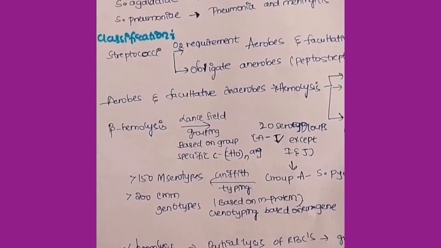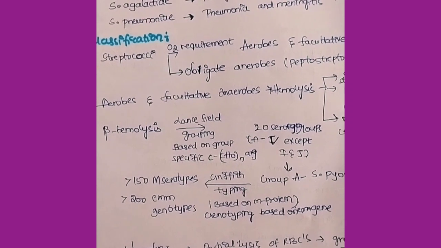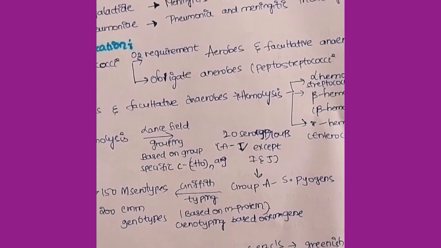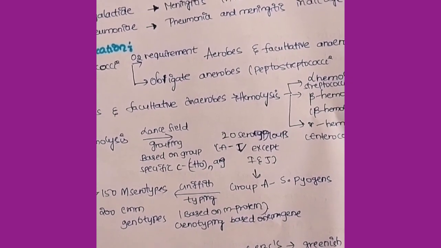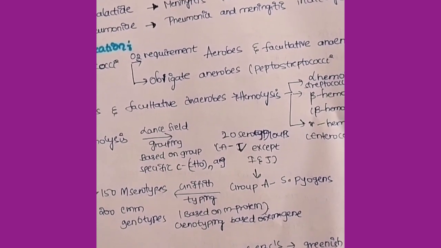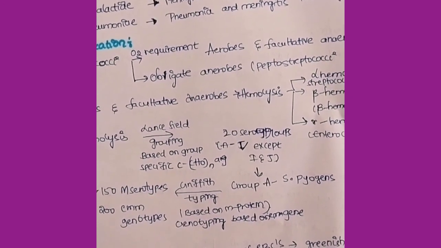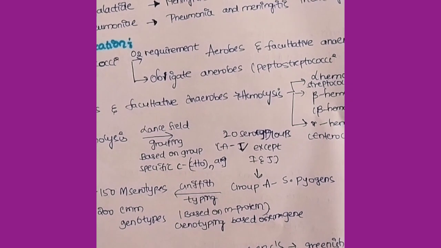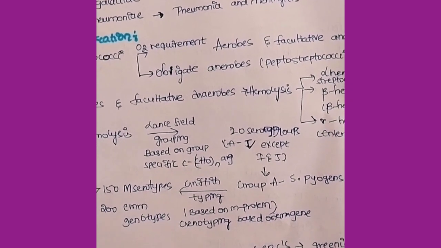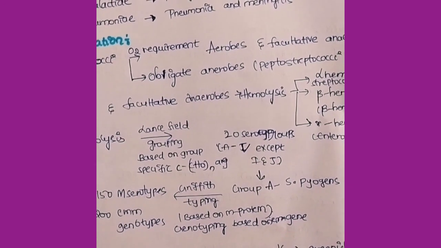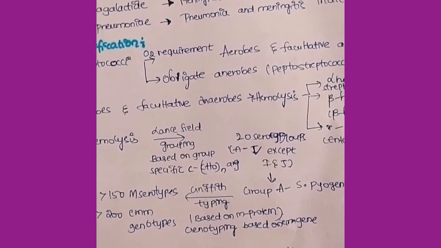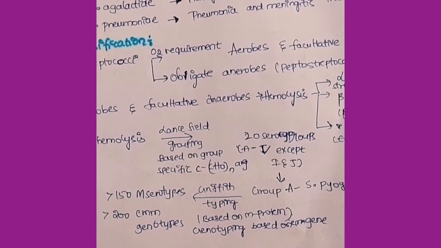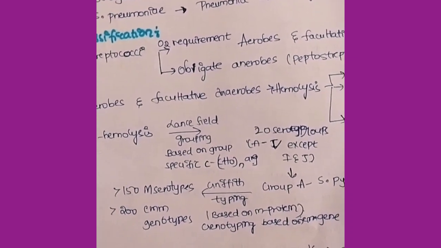Coming to beta hemolysis, according to the Lancefield grouping, based on the group specific C carbohydrate antigen, there are about 20 groups from A to V, except I and J. Coming to group A, Streptococcus pyogenes, on Griffith typing based on the M protein, and genotypically based on the emm gene, more than 150 M serotypes and more than 200 M genotypes are seen.